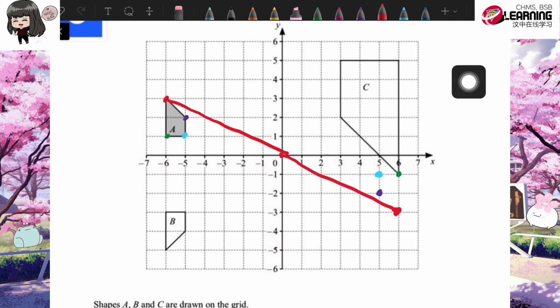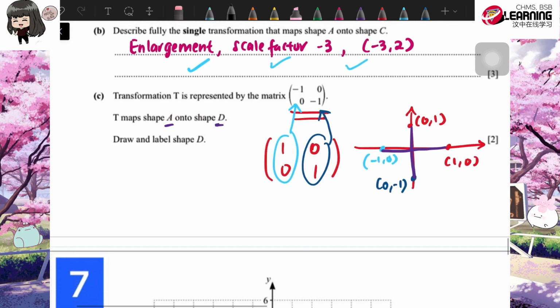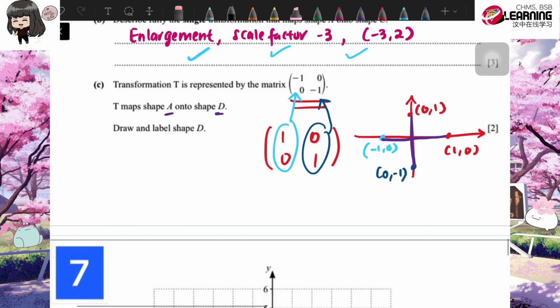So it's actually rotate 180 degree because straight line 180, right? So okay, I have the point here already. Then I draw the shape. So this is shape D. Okay, so that's the answer for part C. They didn't ask you to describe, but if you need to describe, the answer is rotation 180 degree.